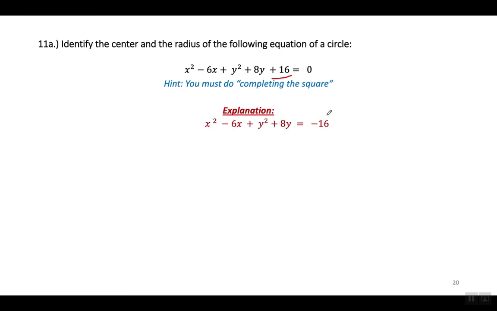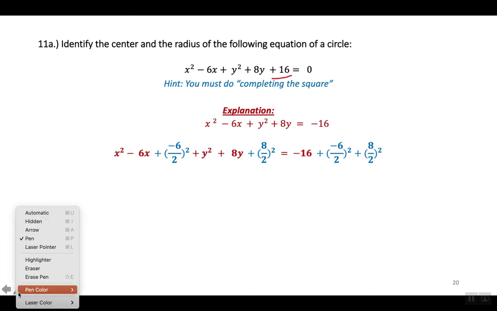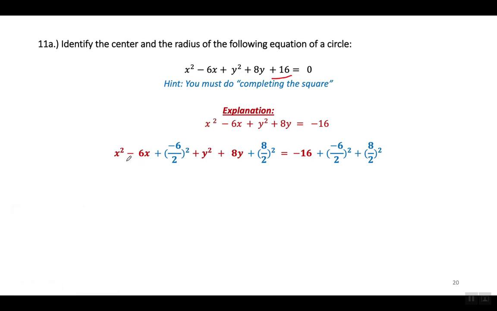Okay, so we'll have that. Now we have to do the process known as completing the square. In order to do this process, let me just change colors a second. You're taking the number in front of x to the first power and the number in front of y to the first power, dividing it by 2, and squaring it.